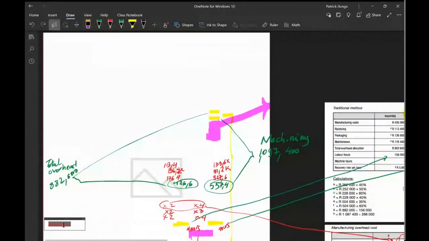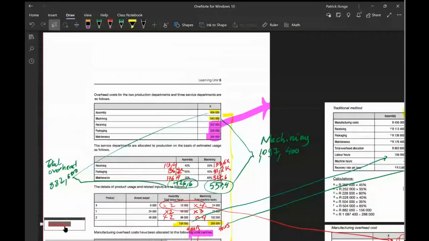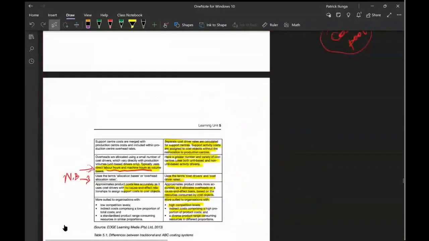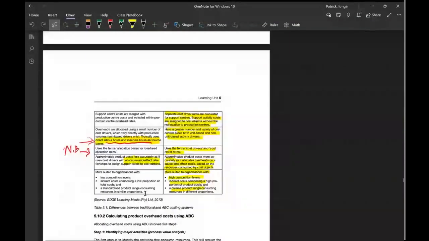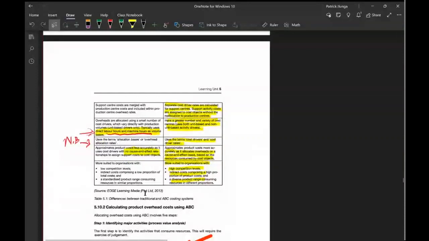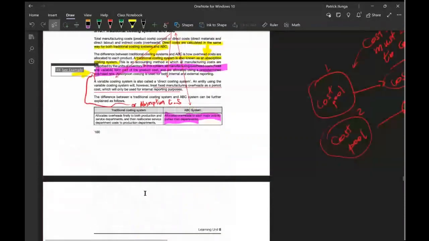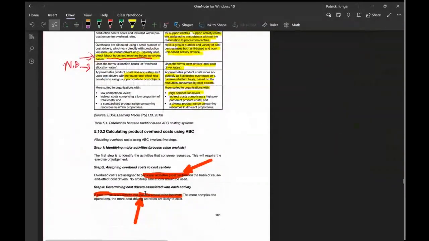And you can see also that there is theory here. You could click on it, which will take you back to the theory on a particular question. Very important. I just found that will be useful. But understand the difference between the traditional method and the ABC. Understand it? It's just a bit of a read.